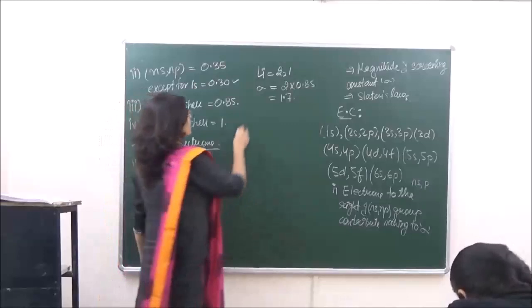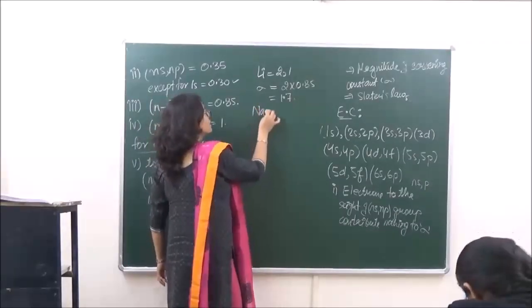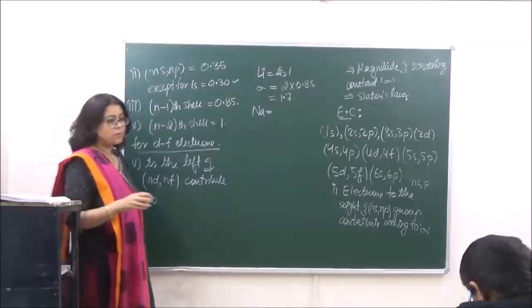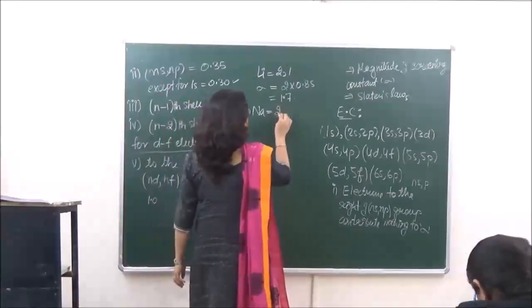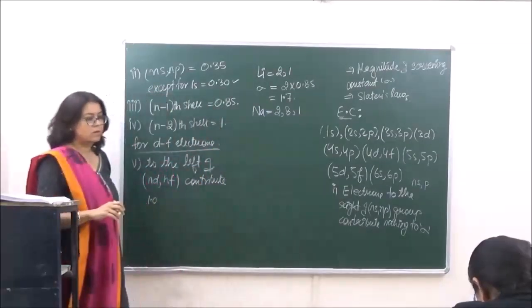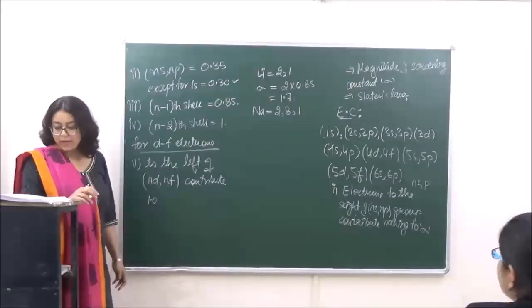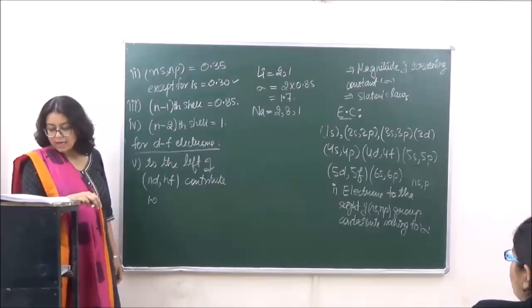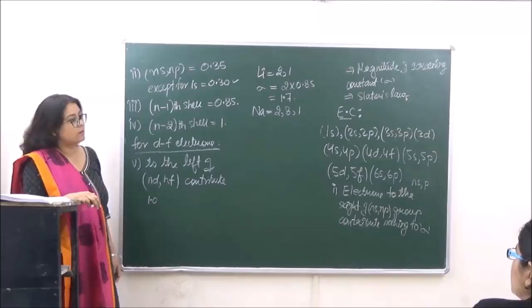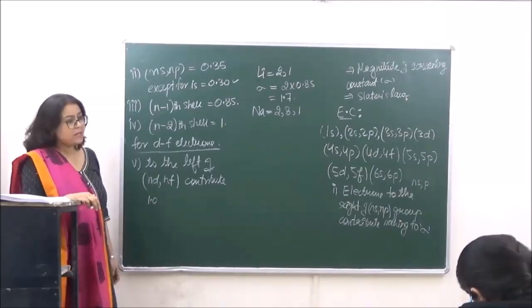Let's take another example. We have sodium. The electronic configuration of sodium is 2 8 1. How many electrons are there in the n minus 1 shell? 8.